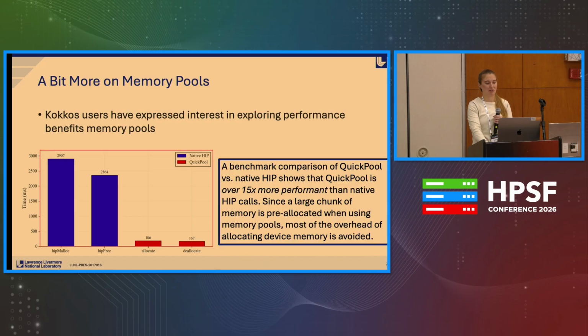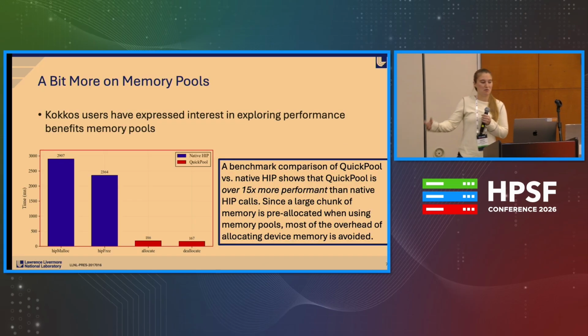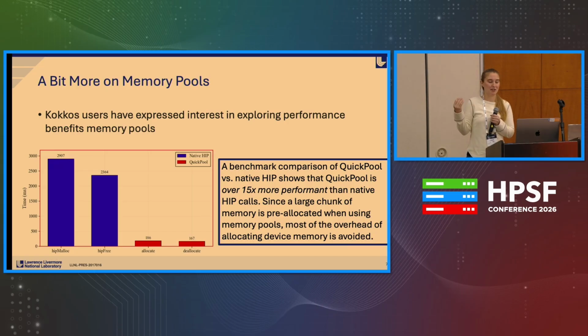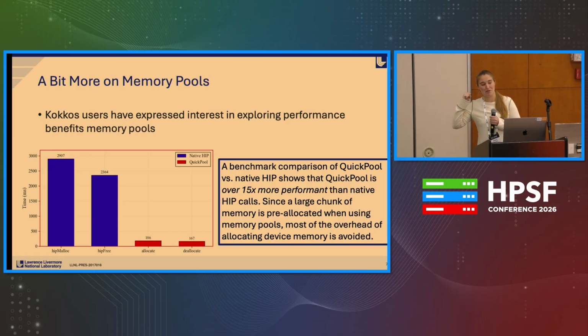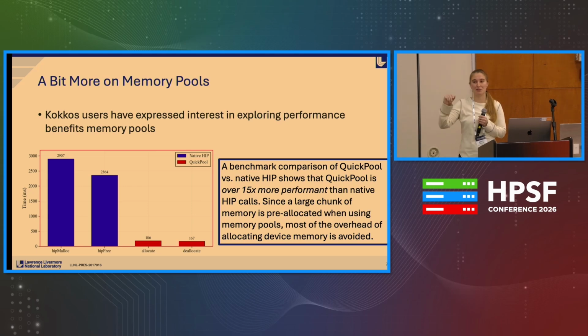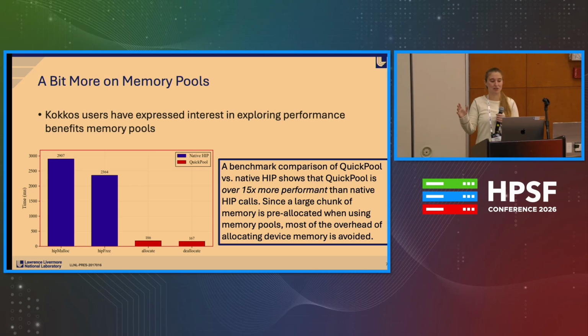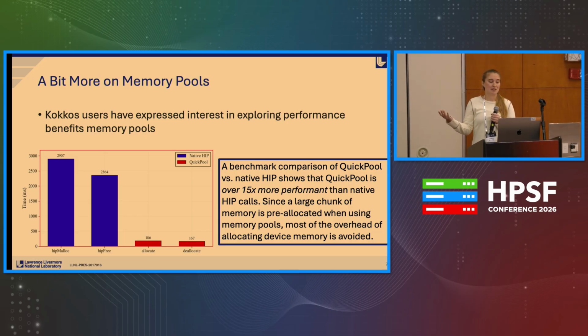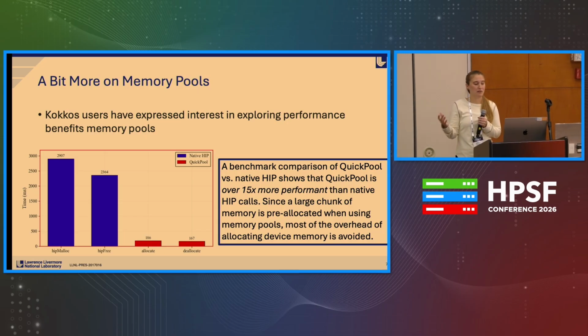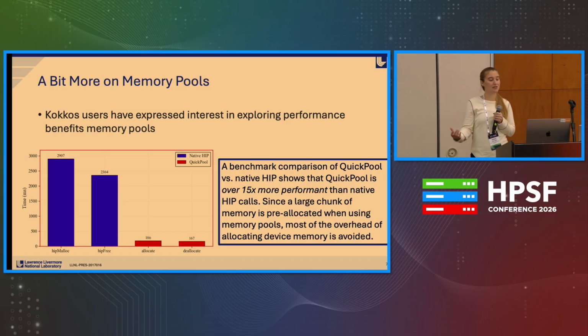It's shown great success. We have had some Kokkos users express interest in exploring performance benefits with those memory pools. So I have this cool little benchmark, and it shows a very simple comparison of the quick pool versus native HIP calls.